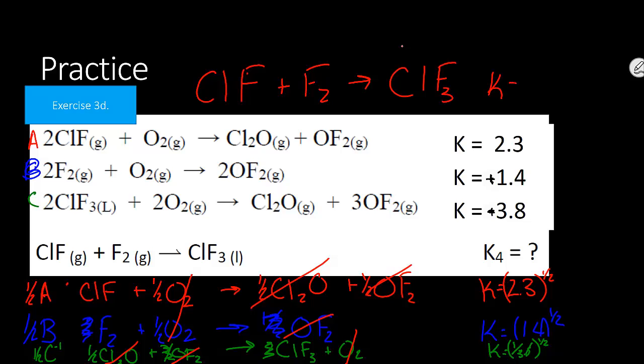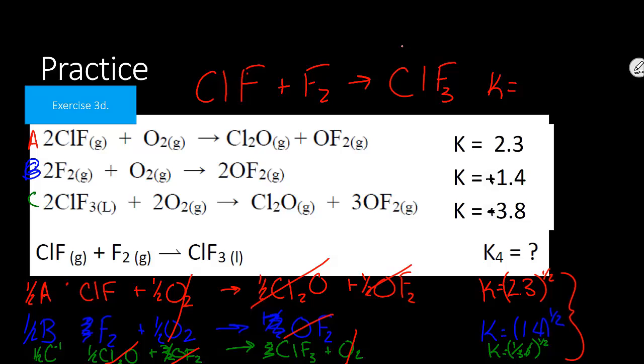Now the value of K is simply going to be the product of all of these values. The square root of 2.3 times the square root of 1.4 times the square root of 1 over 3.8.